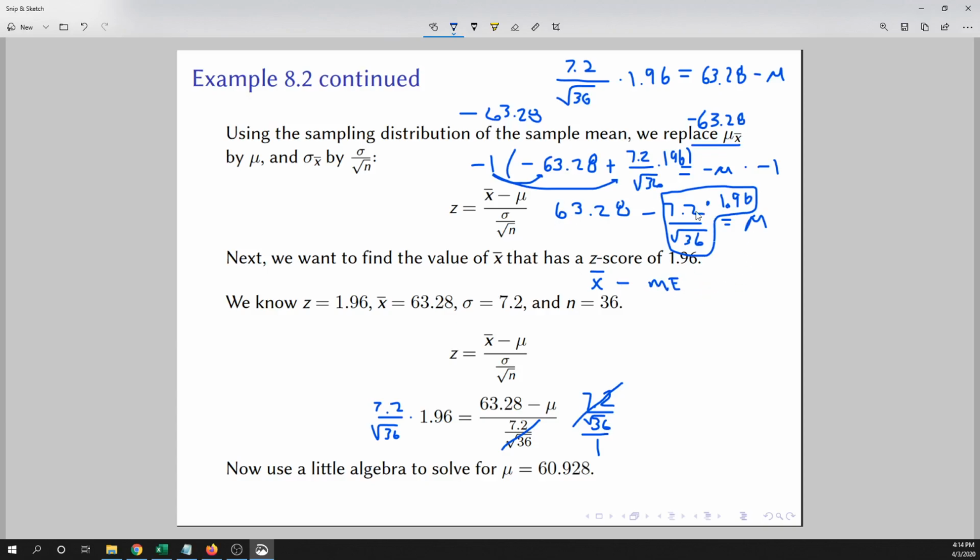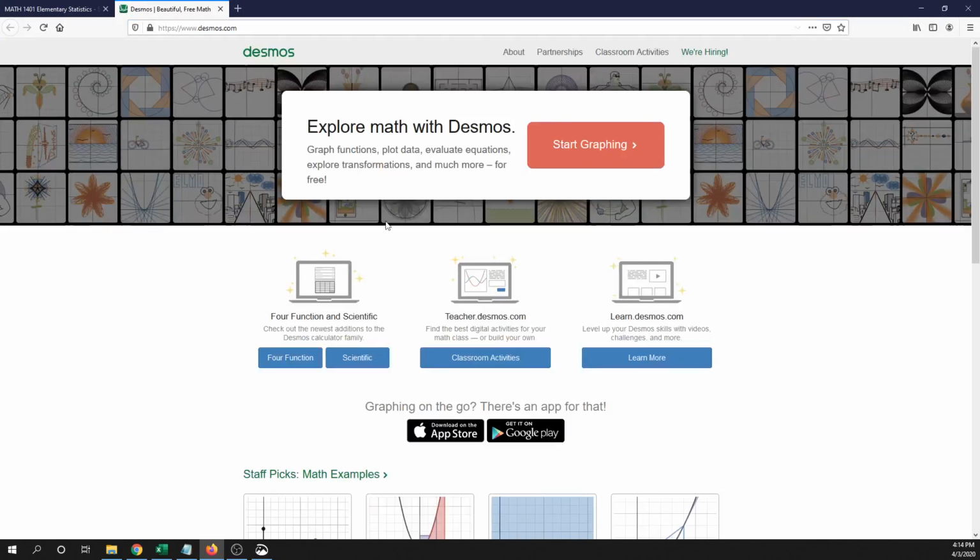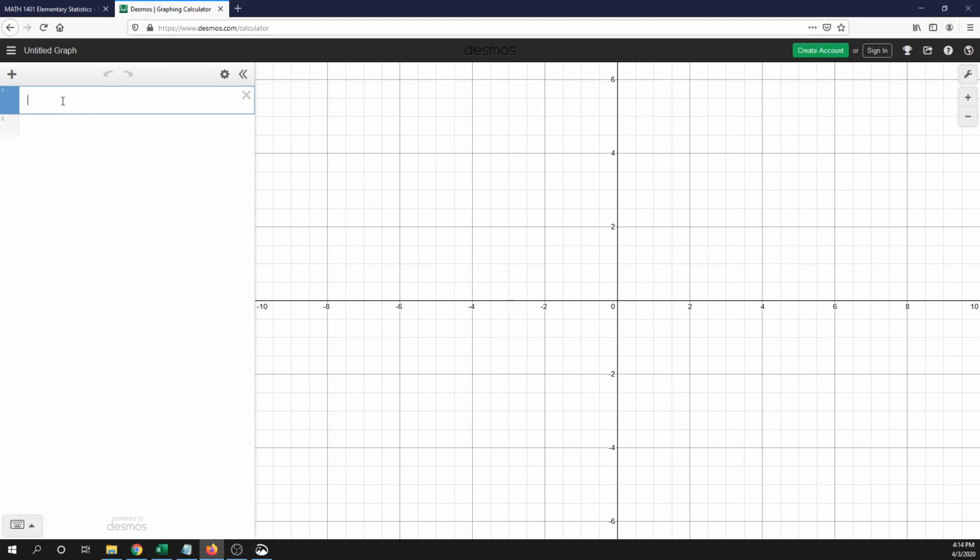Okay. If you take that into the calculator, 63.28 minus 7.2 divided by square root 36 times 1.96.